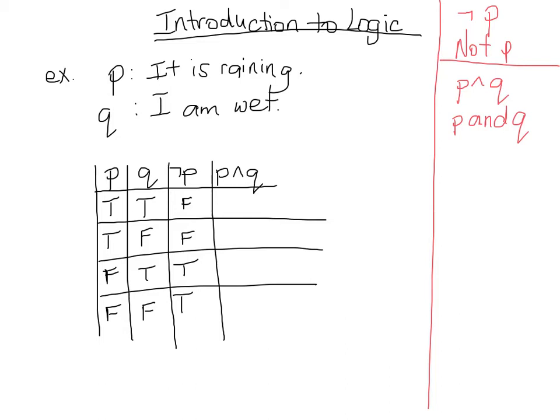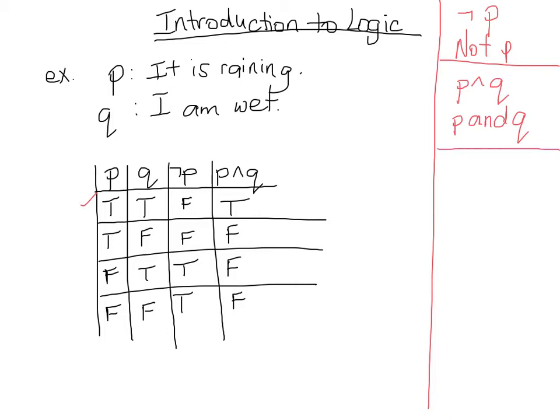So they're both true in the first column. P is true and Q is true, which means that P and Q is true. However, in no other case are they both true in this example, so all others are false.